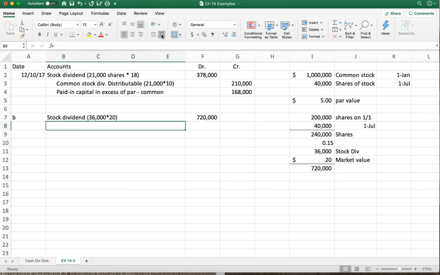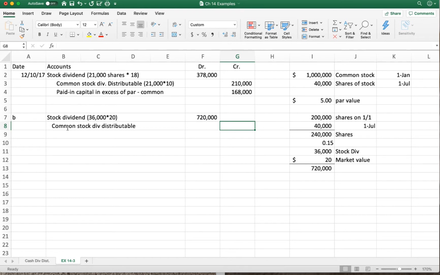I have to credit common stock, right? Or specifically, common stock dividend distributable. This is my liability. I owe somebody stock, okay? Specifically, I owe current shareholders more stock.